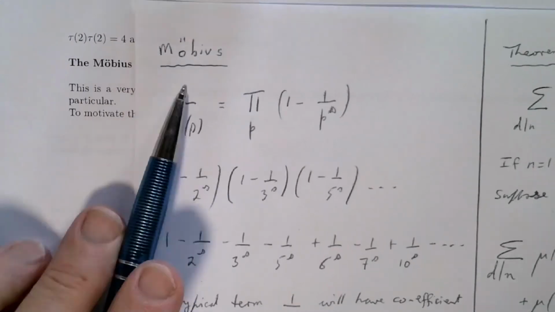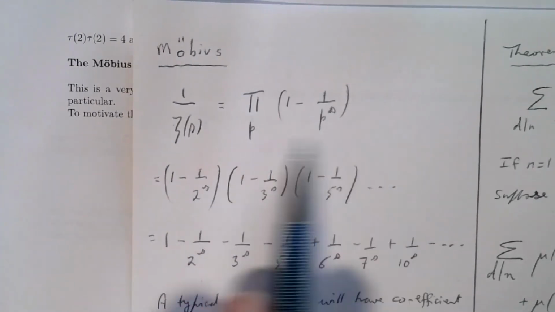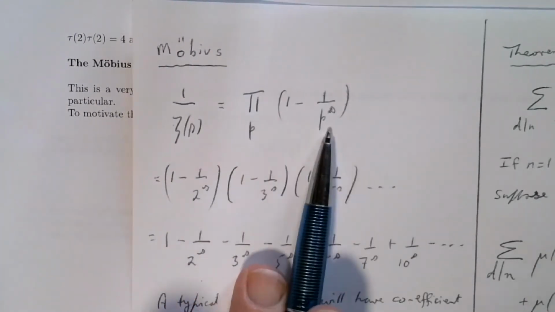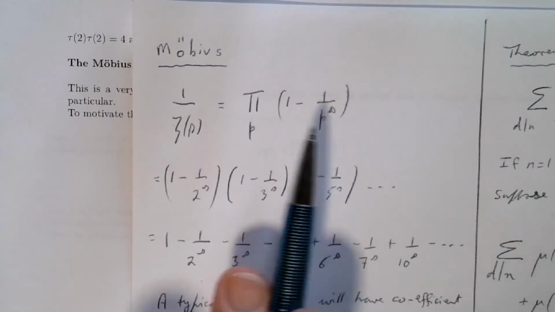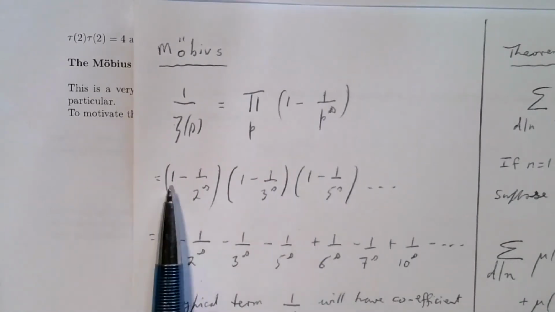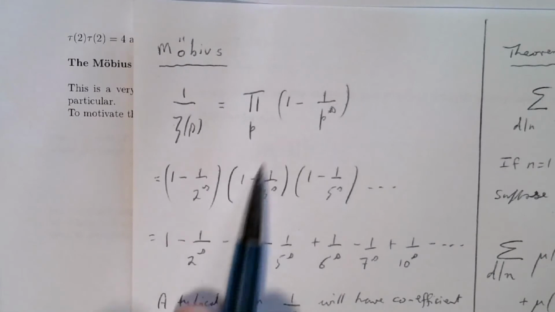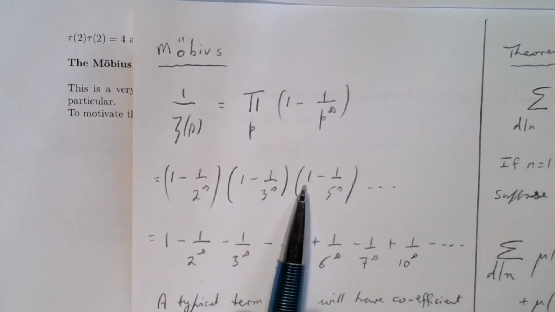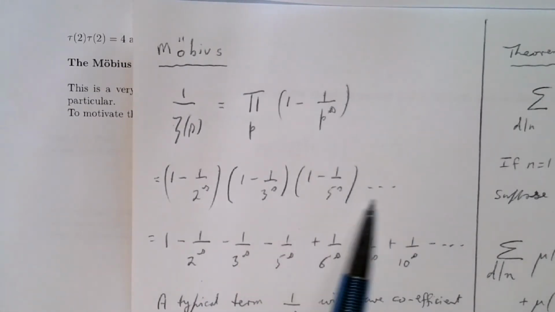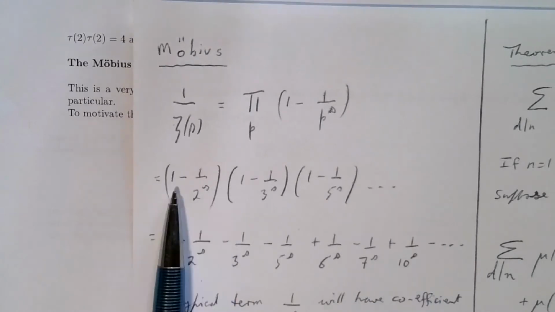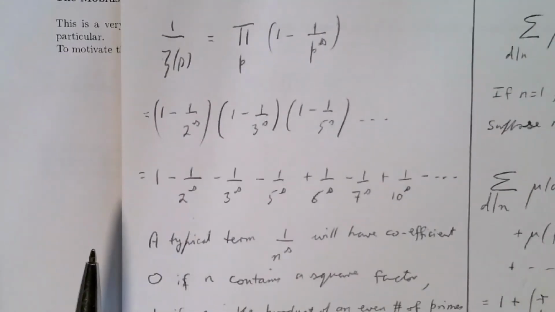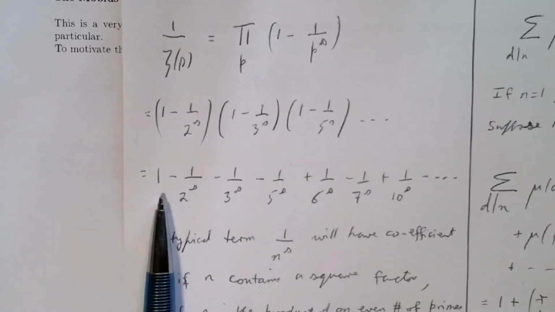So turning it upside down, I don't get the minus 1 here, I just get the product over p of 1 minus 1 over p to the s. Now let me write this product out, so I get 1 minus 1 over 2 to the s, 1 minus 1 over 3 to the s, 1 minus 1 over 5 to the s, and so on. And you take a deep breath and expand it all out, and you'll get a 1 from every bracket, so there's that term.